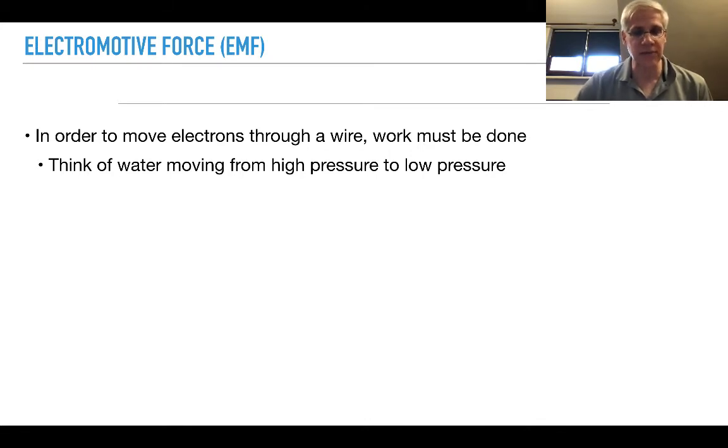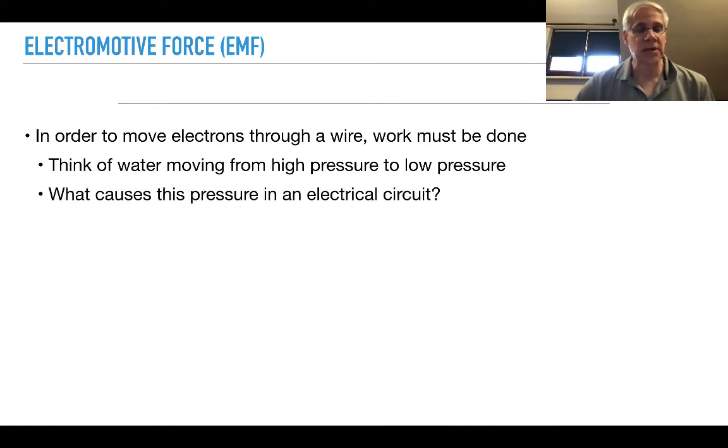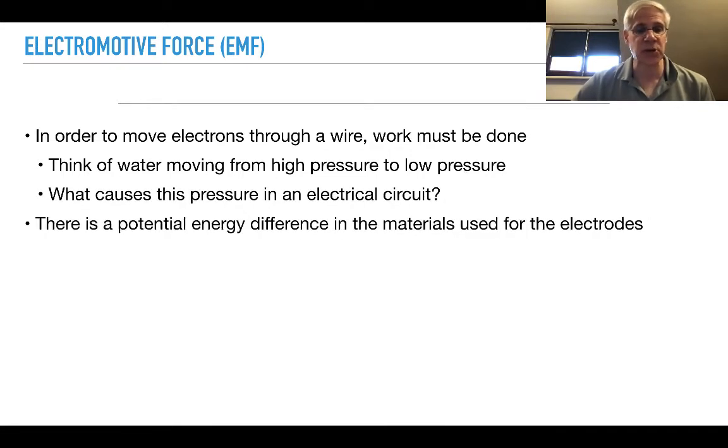And you can think of the same thing as far as potential energy for electrons moving from one material to another. So that's what causes this pressure in an electrical circuit.